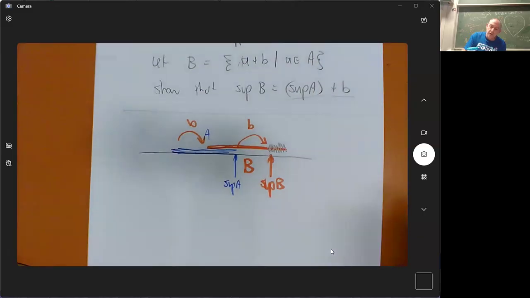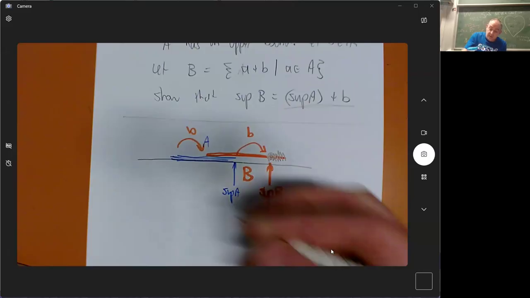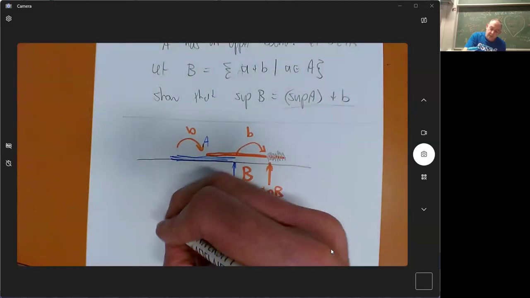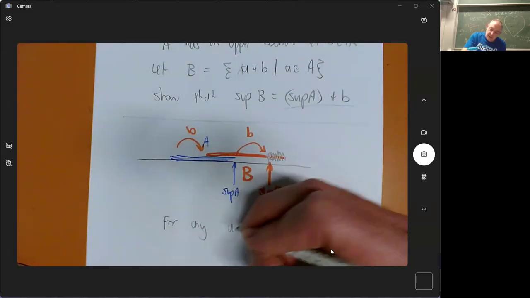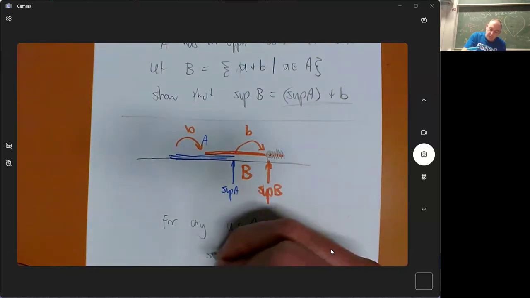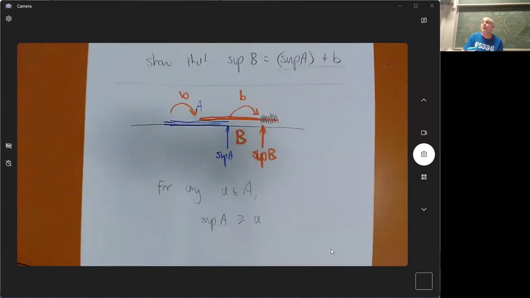Okay, so first I think I'll show that it is an upper bound. We do know that for any a in A, the supremum of A is greater than or equal to a. This is something we definitely know to be true because it is an upper bound.